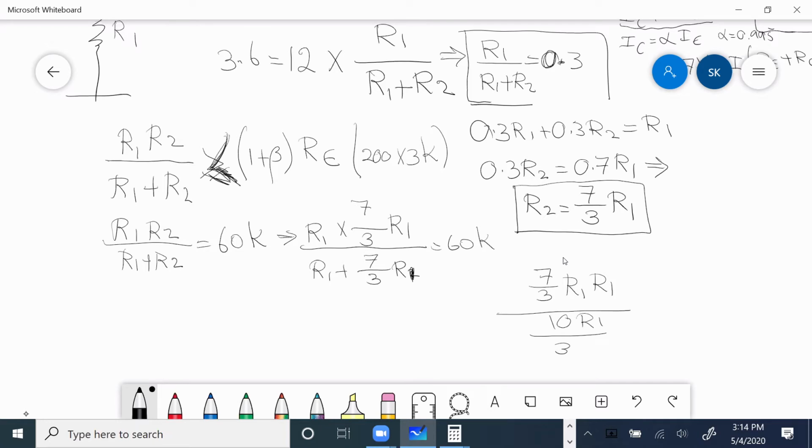So the 3s cancel, and R1 cancels, and we have 7 over 10 R1, 0.7 R1. In fact, we can substitute for that one. R2 would be 7 over 3 times 7 over 10.